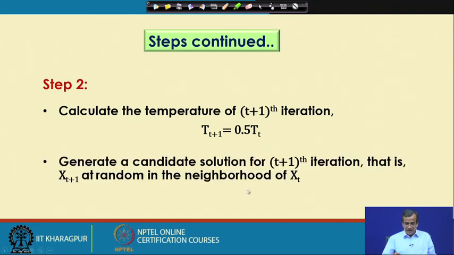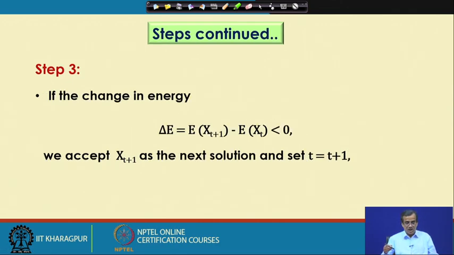So, we generate a candidate solution for the t plus 1th iteration, that is capital X(t+1). As I told, capital X carries information of all the small x values, that is the design variables, and this X(t+1) is selected at random in the neighborhood of X(t) using a random number generator. Now, we will have to check whether this X(t+1) should be accepted or not.